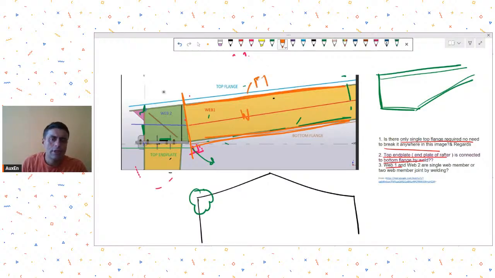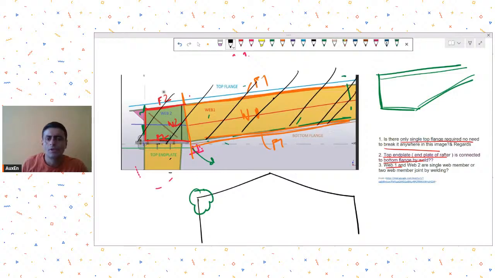So let's call it flange 1, web 1. Now you could just weld it using a groove weld or a fillet weld to this piece. Let's say this is flange 2, web 2, flange 2. So finally, after welding, this becomes an entire one piece because you have welded it.